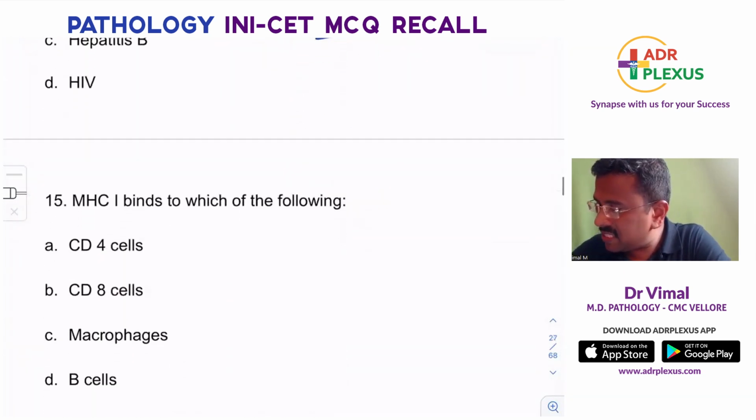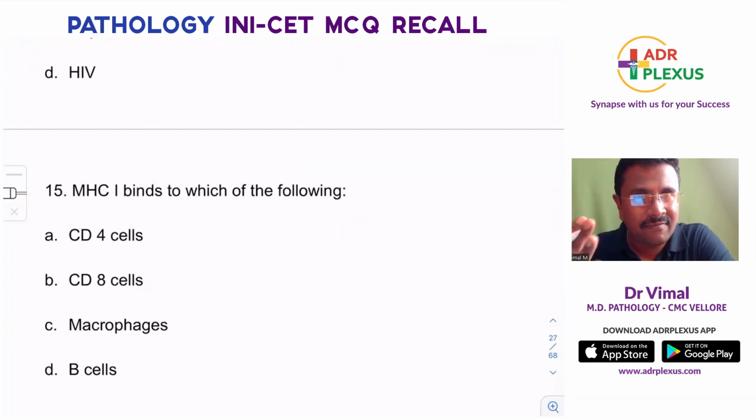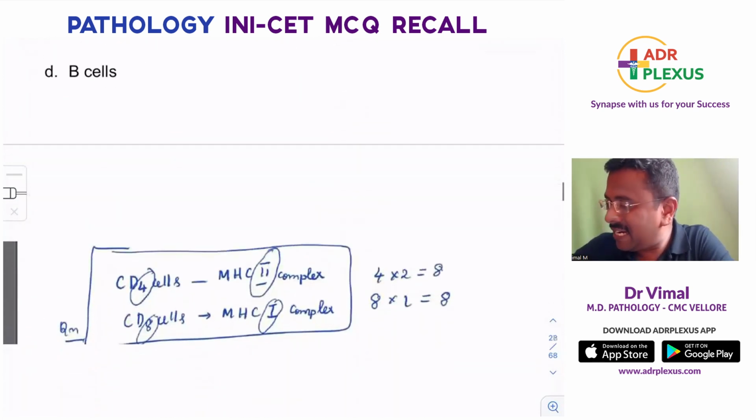Moving on to the next question, which is also very straightforward and a lucky question for all of us. MHC1 binds to which of the following? If you recollect what we discussed during our workbook based teaching, CD4 cells bind with the MHC2 complex, and CD8 cells bind with the MHC1 complex.